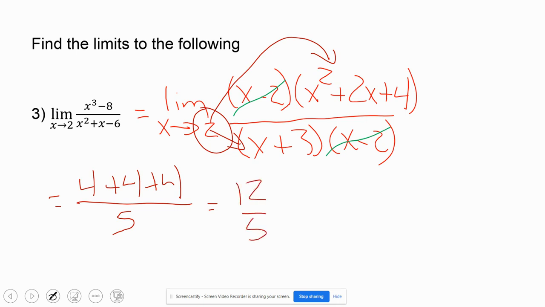So 12 over 5 is what the limit would be here as x approaches 2. Now remember, if you were to graph this, there would actually be a hole in the graph when x is equal to 2. But you would be able to see from the left-hand side and the right-hand side that you're headed to 12/5.